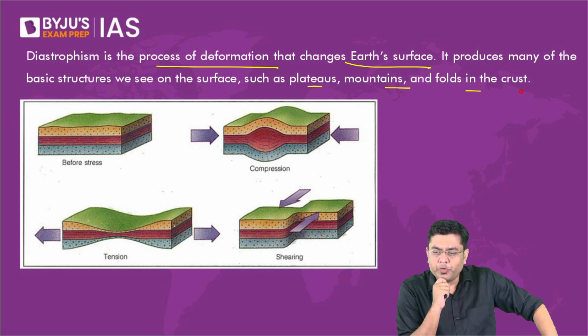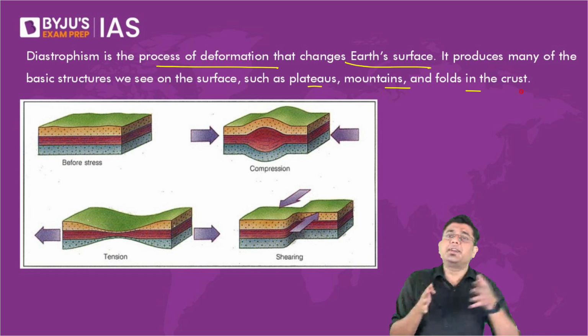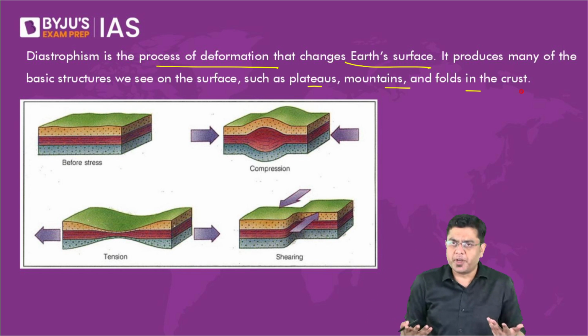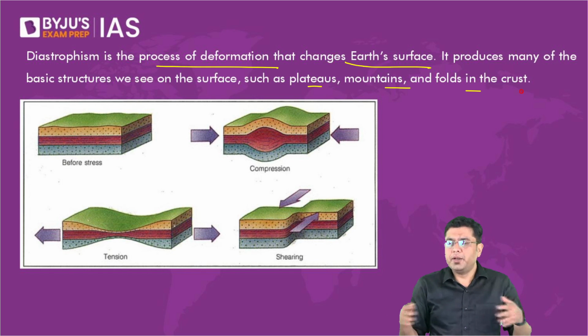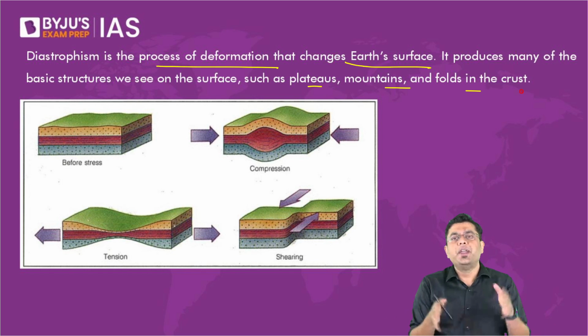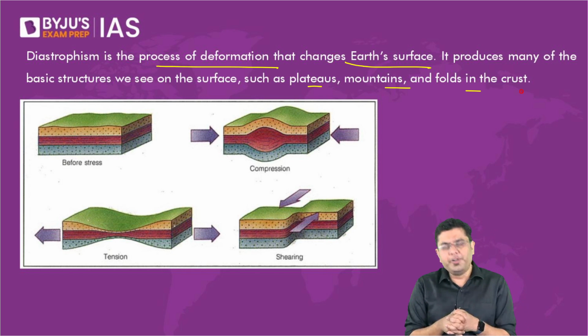Compressional forces lead to which kind of fault creation? Very good. Reverse fault. So a reverse fault is created when there is a compression, or a fold is created. That horizontal movement of tension and compression is included in diastrophism.